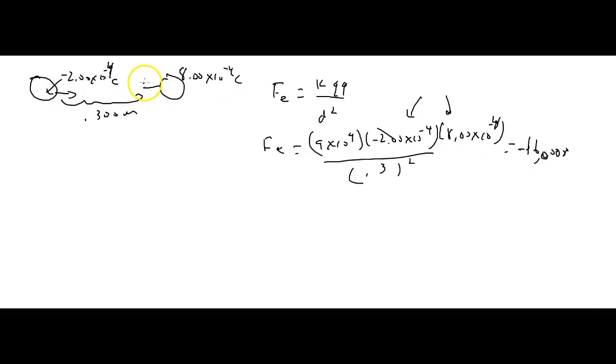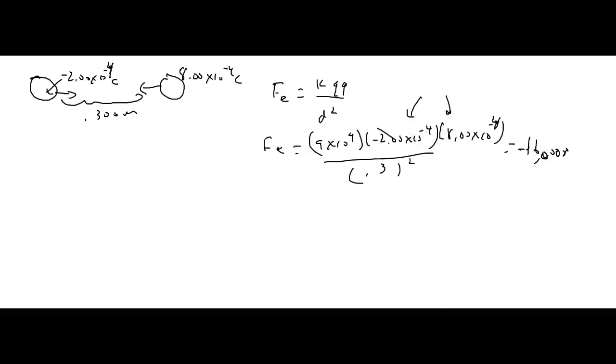Yes, high schoolers, it is negative to be attracted to each other at your age. So negative is attractive, positive is repulsive. It's better to be repulsed by that situation. So when opposite charges are attracted, you're going to get a negative here, so you realize they're attracted to each other. When the net charge is positive and you get a positive force answer, they're repelled from each other. It's not a left negative or positive direction.